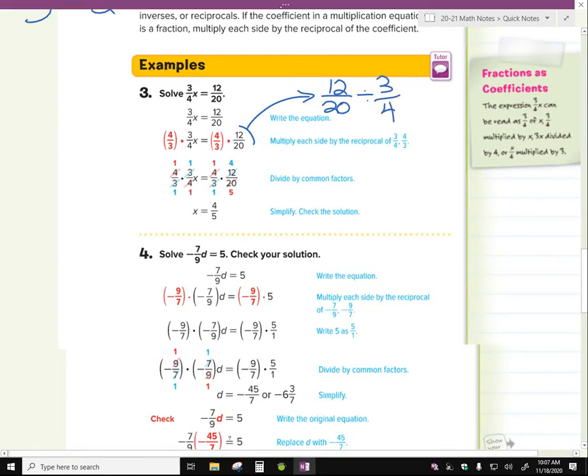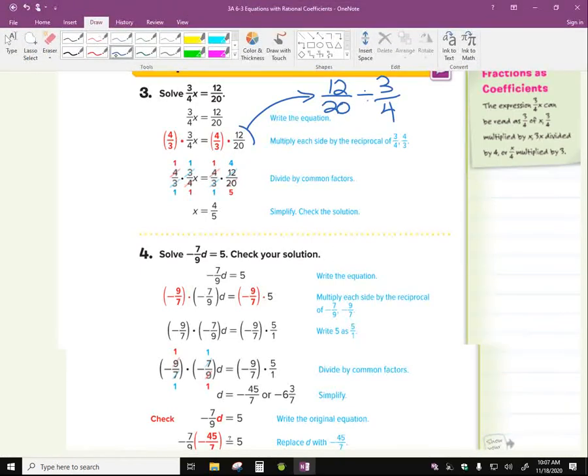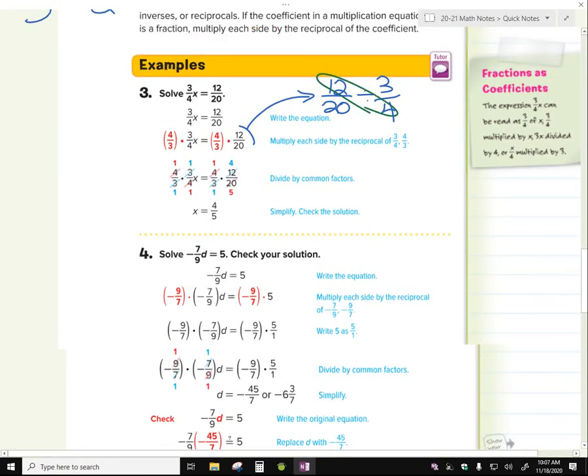What you guys had in the past was cross multiply. Does that look familiar? Okay. That's the lower age group part, but now we're actually using more vocabulary, reciprocal. So that's what that is doing. When you're multiplying by the reciprocal, you're cross multiplying.